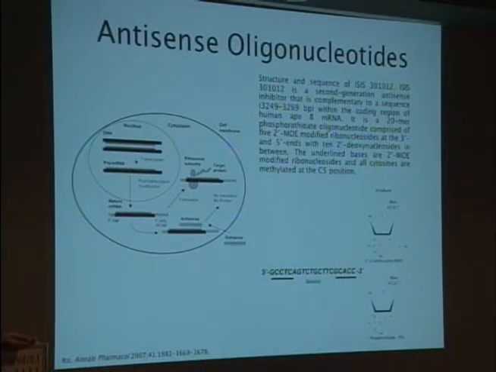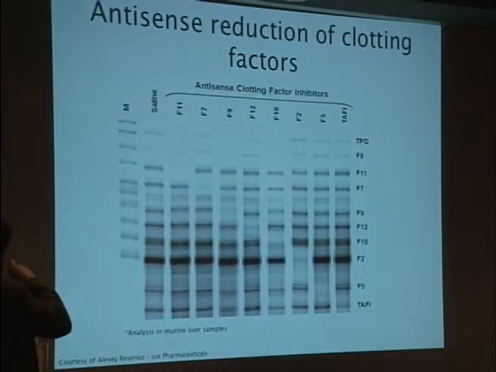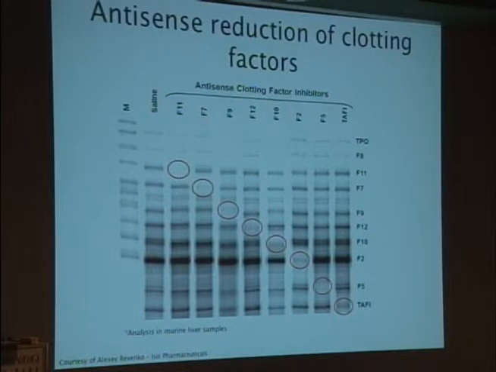Since most of the clotting factors are made in the liver, this is perfect for us. This is borrowed from Alexei Ravenko, who works at ISIS. Essentially what it shows is that specific antisense oligonucleotides can be used to knock out the messenger RNA expression of whatever clotting factor you're interested in.